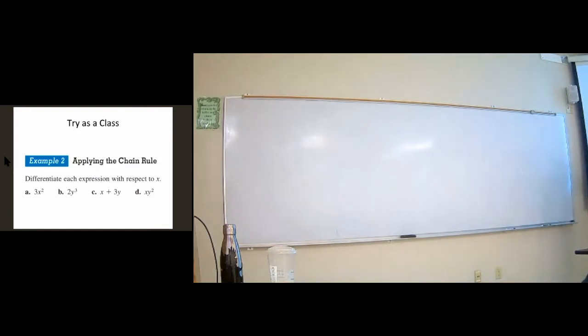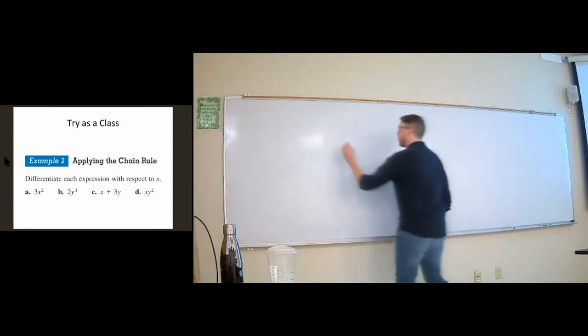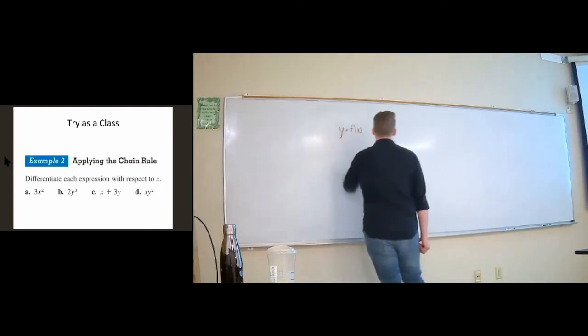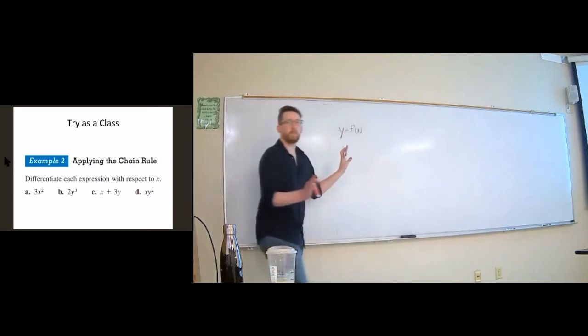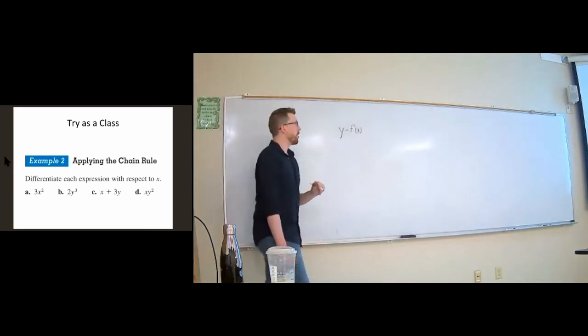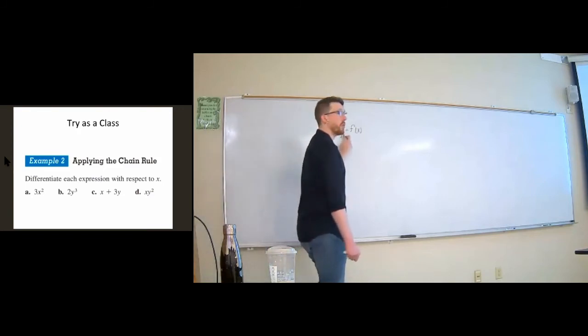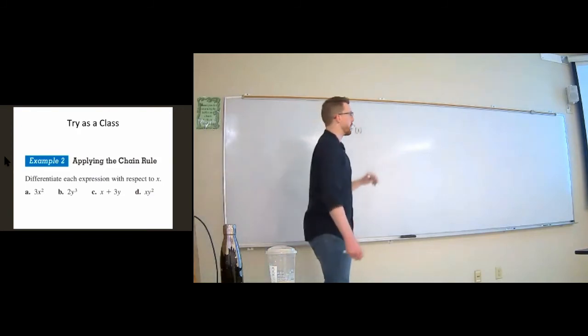You don't need to apply the chain rule to differentiate this. This, you do. What's happening here is we assume that y is equal to some function of x. We have no clue what that function is. But if you notice, this looks a lot like the chain rule, except instead of u, we're saying y. That's the only difference here.